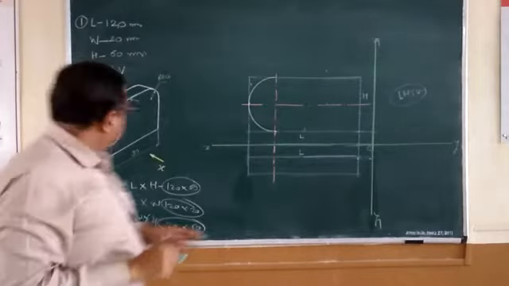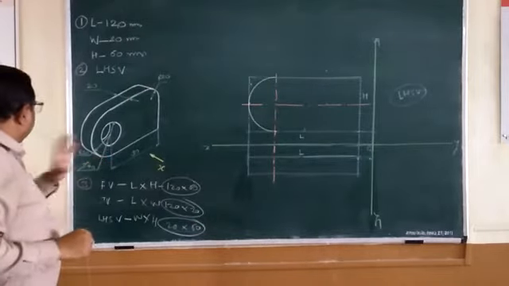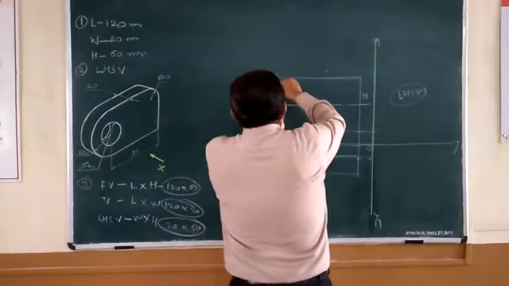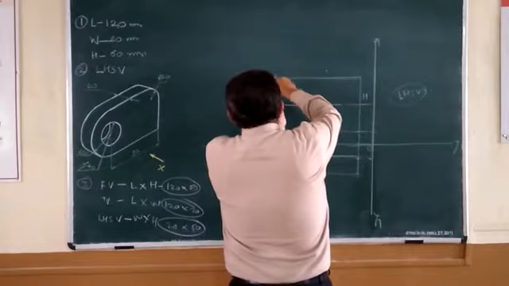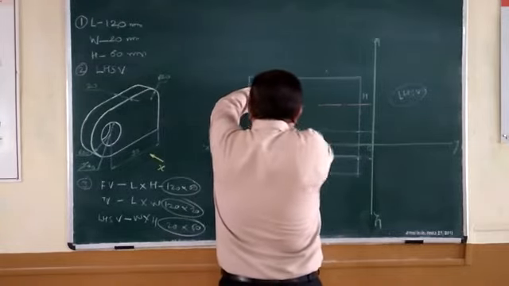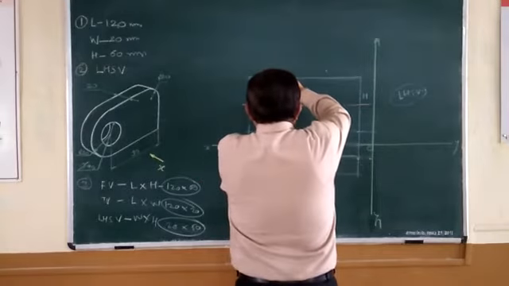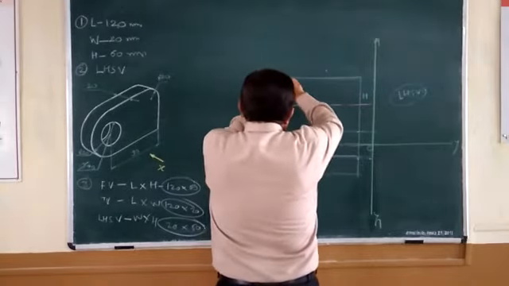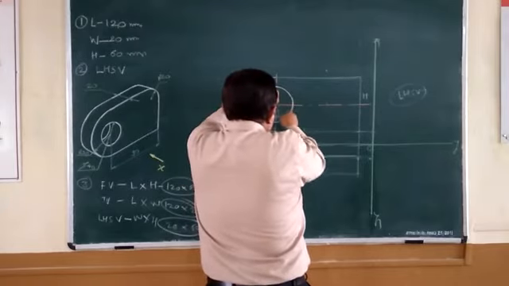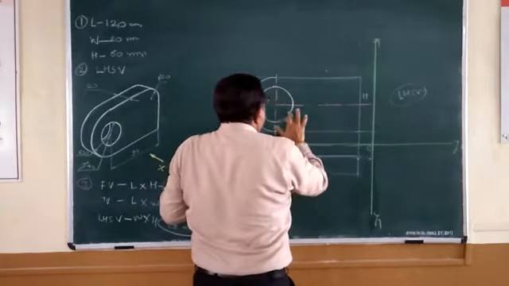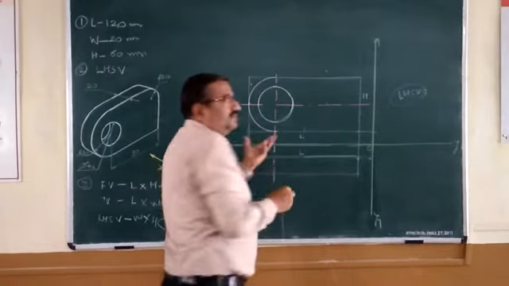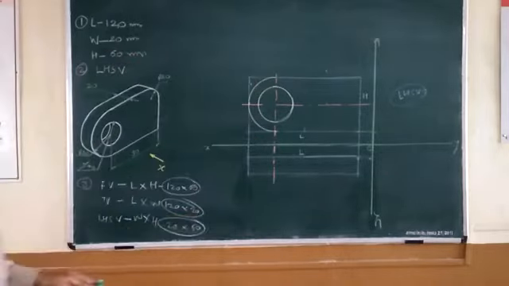Okay, so the inner circle is carrying 40 mm diameter, so the radius will be 20. A full circle of 40 mm diameter. I have figured this circular hole, which is drilled in this plate object of 20 mm thickness.